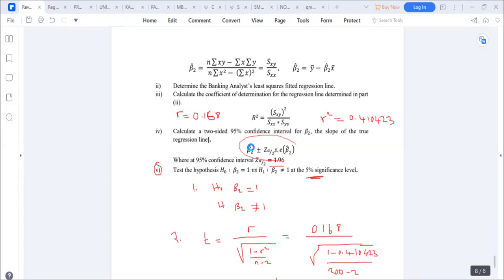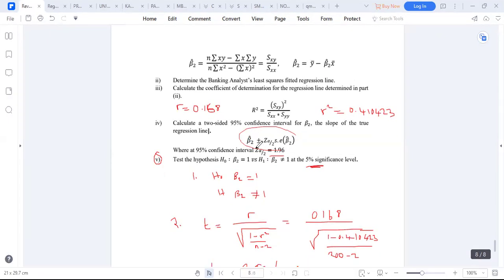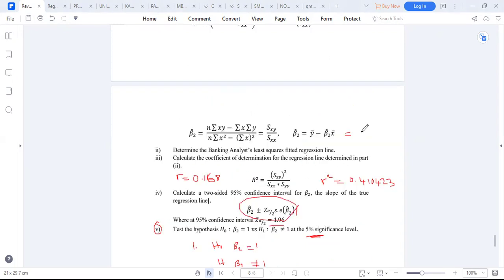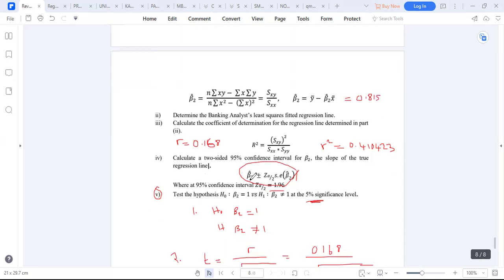So we calculated B2. What was your B2? You have the formula for B2 here. B2 was given 0.815. So we want to find the confidence interval here.